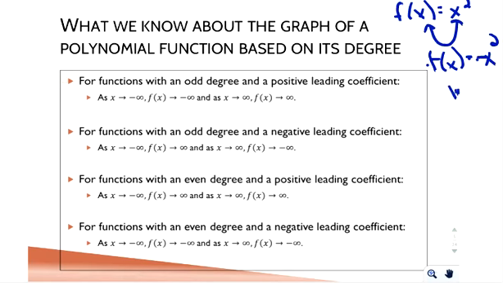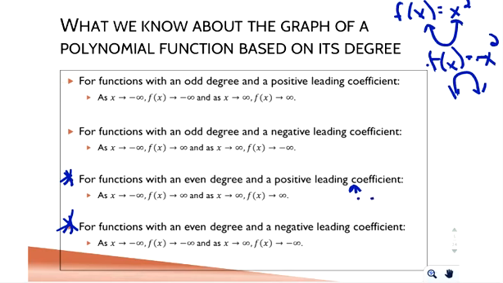Well, it flips it upside down, and it looks like a U that's upside down. It turns out that all polynomials that have an even degree are going to act very much like this. So if you look down here at this one and this one, for functions with an even degree and a positive leading coefficient, you're guaranteed that they're going to do something very similar to that x squared graph.